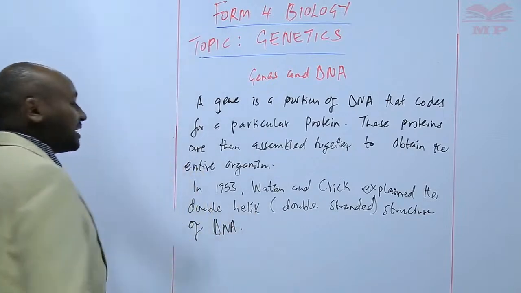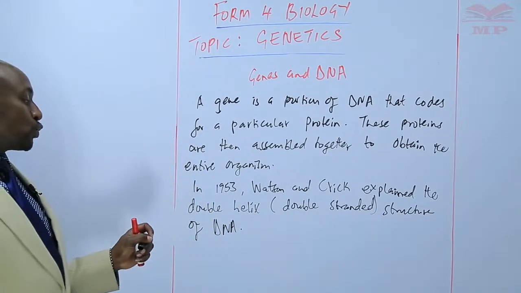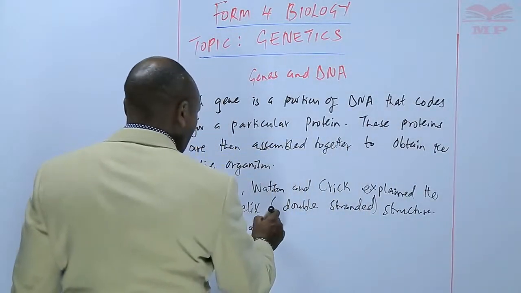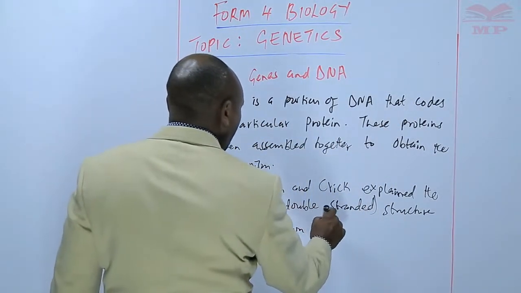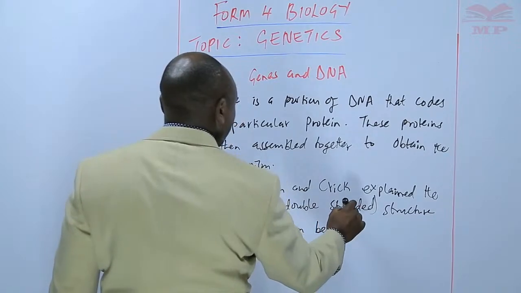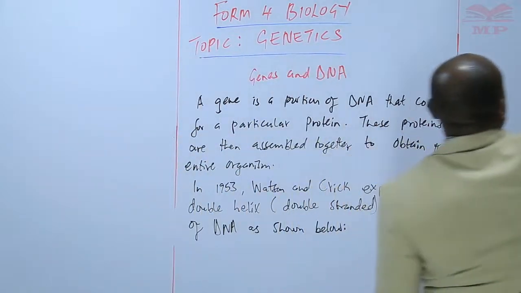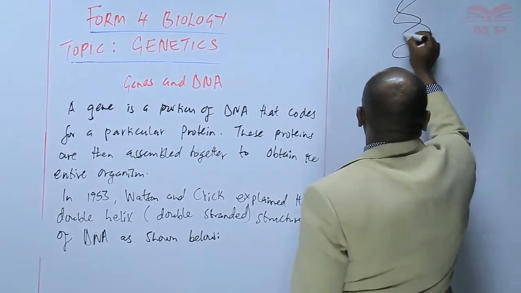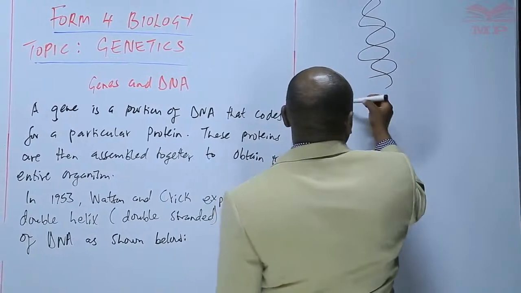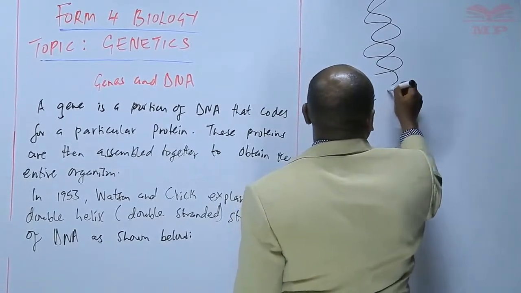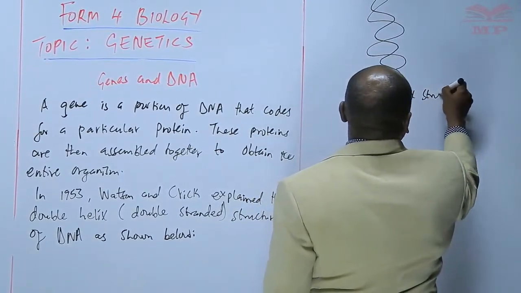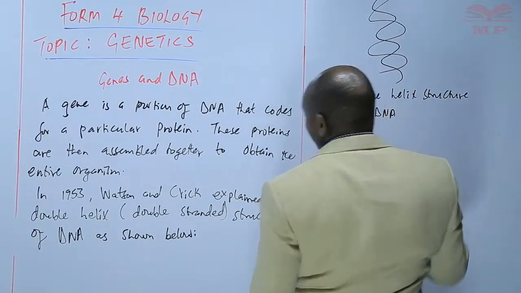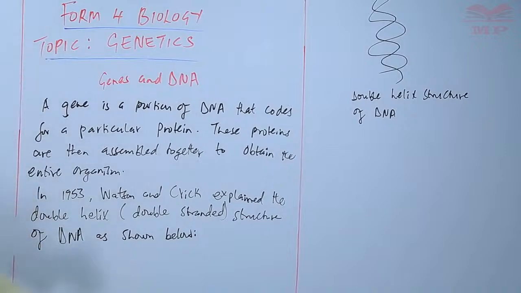That is to say that DNA is made up of two strands, as shown below. So the DNA is made up of one strand coiled onto another strand, and this is what we are calling the double helix structure of DNA, according to Watson and Crick.